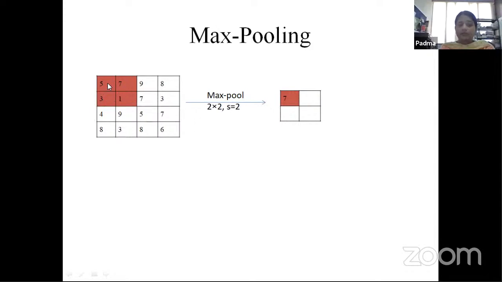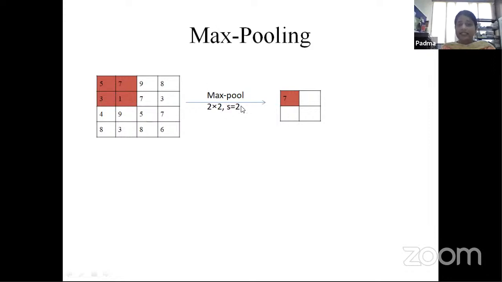Take the max pool over this particular 2x2, compute the maximum value. Here the maximum value will be 7, that is among these 4 pixels, the maximum value is 7. That particular value will be carried forward to the next layer, correct?